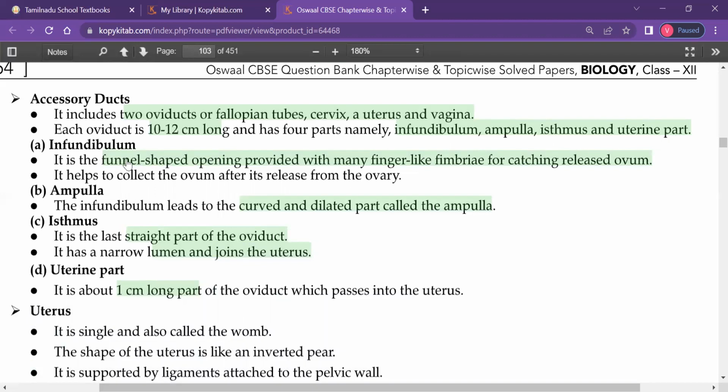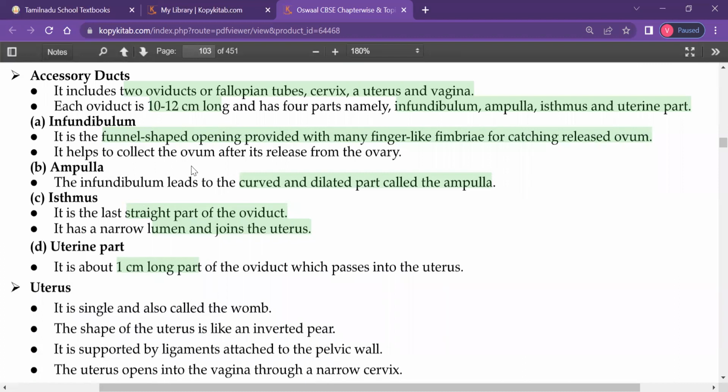Infundibulum is a funnel-shaped opening with finger-like fimbriae for catching the released ovum. Ampulla is a curved and dilated part. Isthmus, a straight part of the oviduct, has a narrow lumen and joins the uterus. Uterine part is the 1 centimeter long part of the oviduct which passes into the uterus.